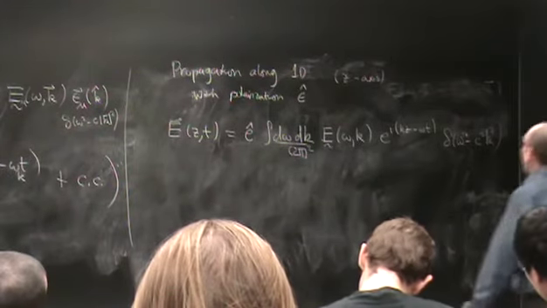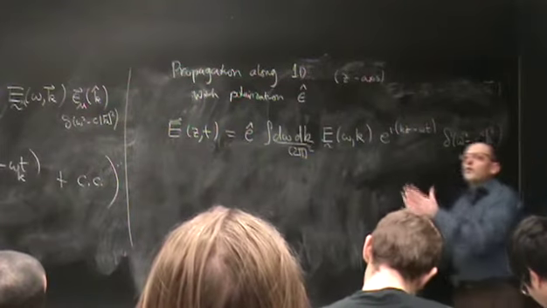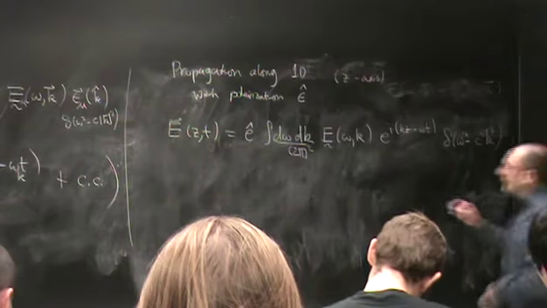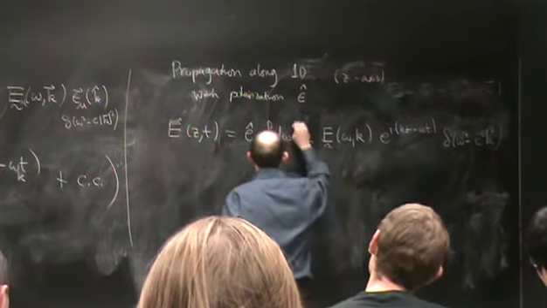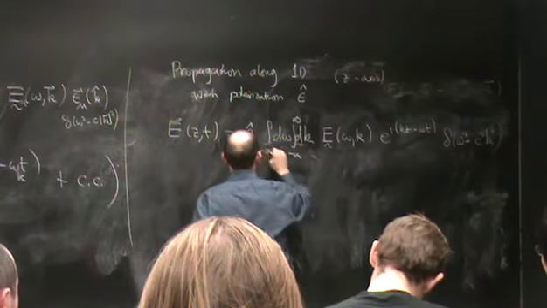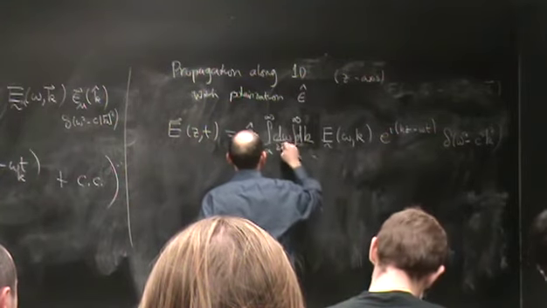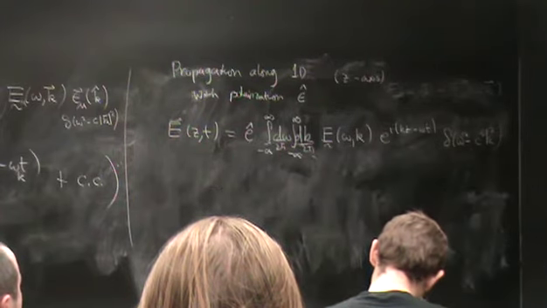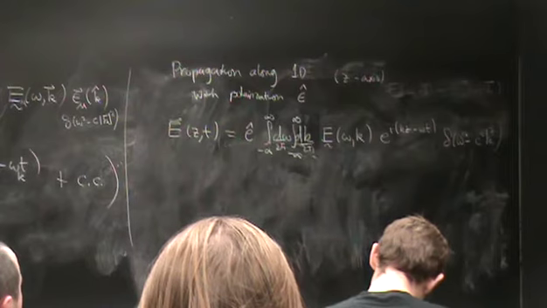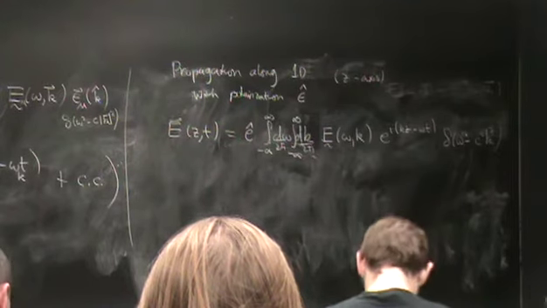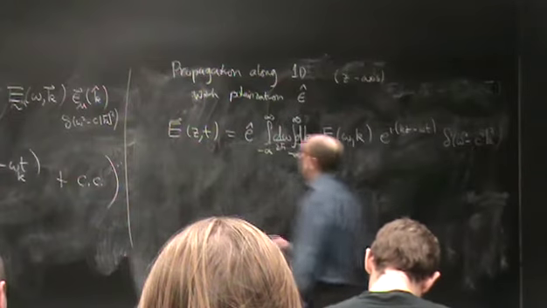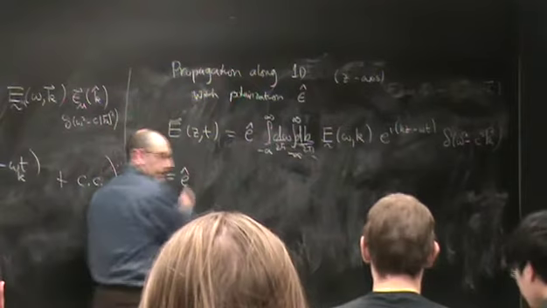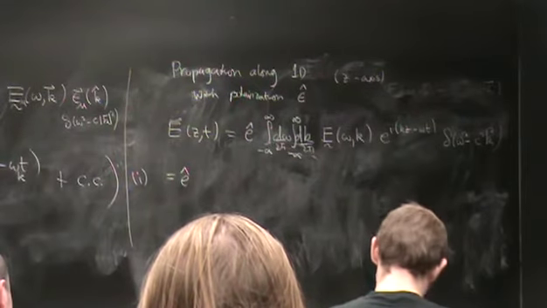Now, in this case, I can think about it the way I've written it. I have a choice. Let me write this out a little more explicitly. Both of these go from minus infinity to infinity. I can integrate over k, or I can integrate over omega. I have a choice, and either of those choices is useful in different circumstances. Let me write them out. So I have choice 1.